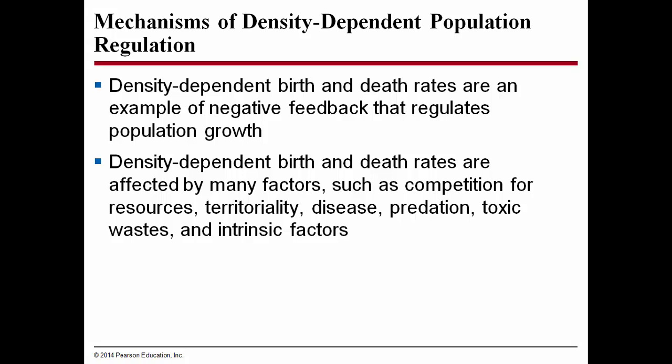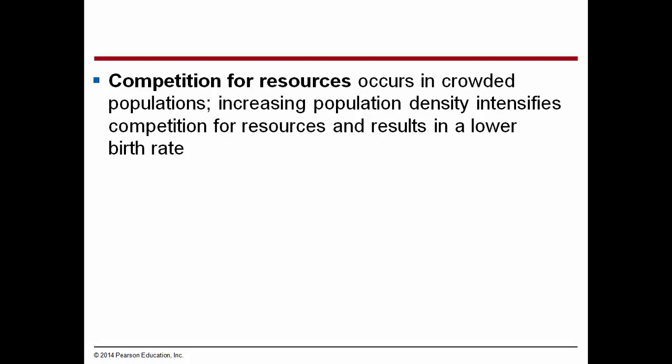Mechanisms of density-dependent population regulation. Density-dependent birth and death rates are an example of negative feedback that regulates population growth. Density-dependent birth and death rates are affected by many factors such as competition for resources, territoriality, diseases, predation, toxic waste, and intrinsic factors.